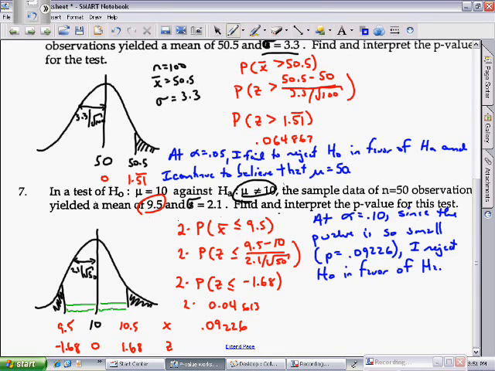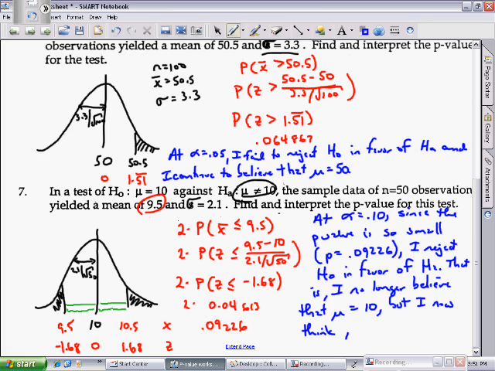What does that mean? That means I no longer believe that mu equals 10, but I now think mu is not equal to 10. And again, if I knew what mu was, I would put that in there in context in the problem.